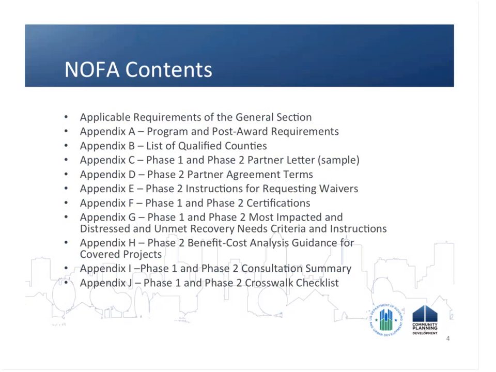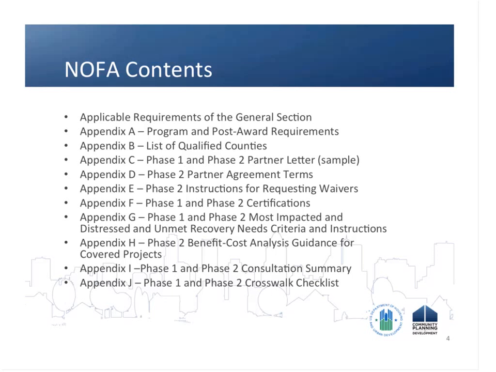The NOFA, which we're going to show you how to find, includes a list of the applicable requirements of HUD's General Section NOFA, which covers administrative provisions related to all of HUD's competitive programs. Because this program is converted over from a formula program to competitive, not everything applies.